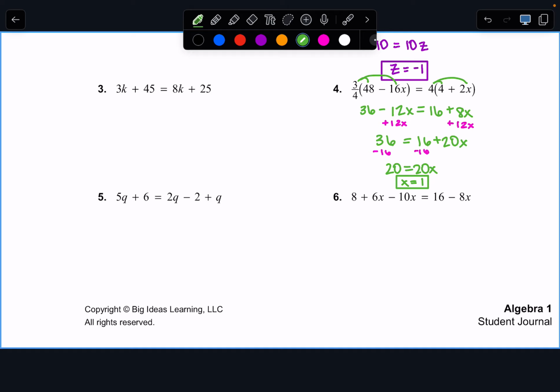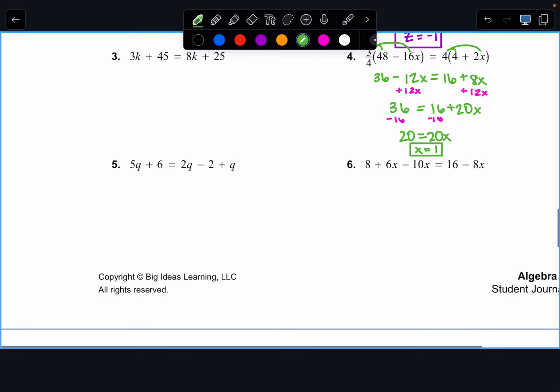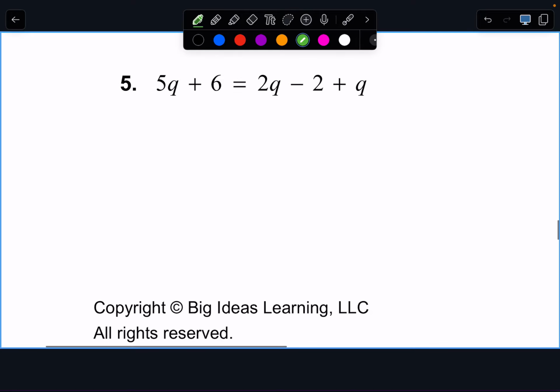All right. I want to look at number 5. Okay, we don't have anything to distribute. However, we have like terms on one side we need to combine.